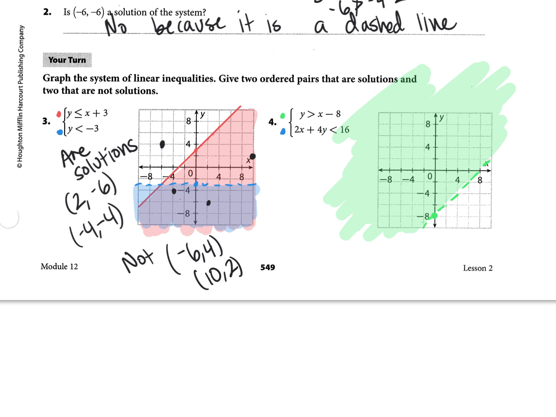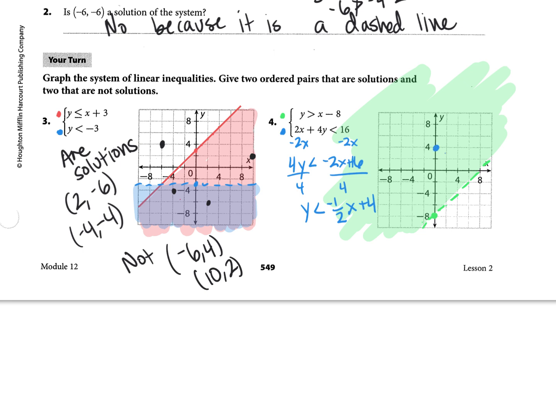This one we're going to have to solve for y to figure out the slope and the intercept. So we'll move that 2x to the other side and divide by 4. Two fourths reduces to 1/2. 16 divided by 4 is 4.